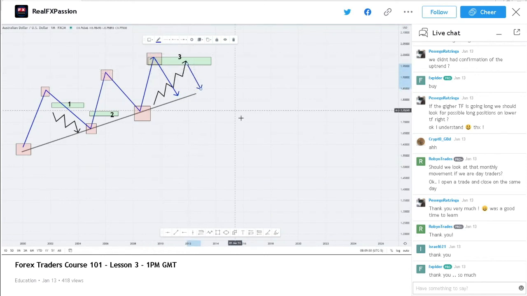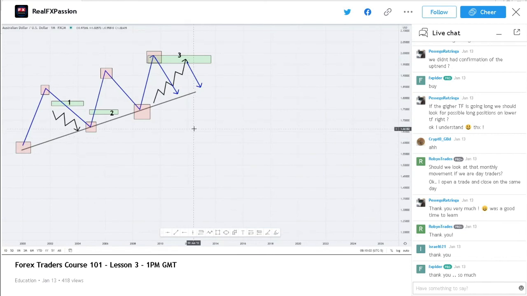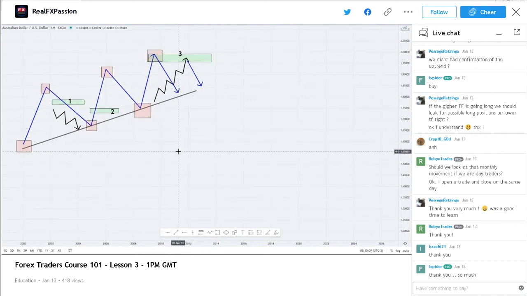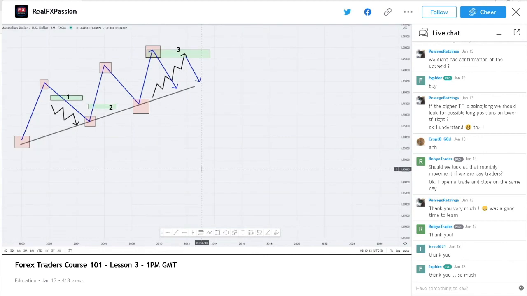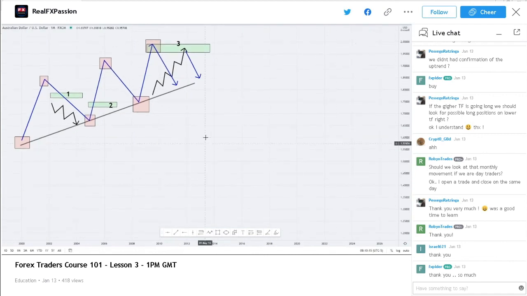When in reality, the higher time frame, like the daily chart or the weekly chart or the monthly chart, would be clearly showing me that it made a higher high, and it must. It's not that it could retrace, it's not that it should retrace, it must retrace. Okay, this is how this market works.